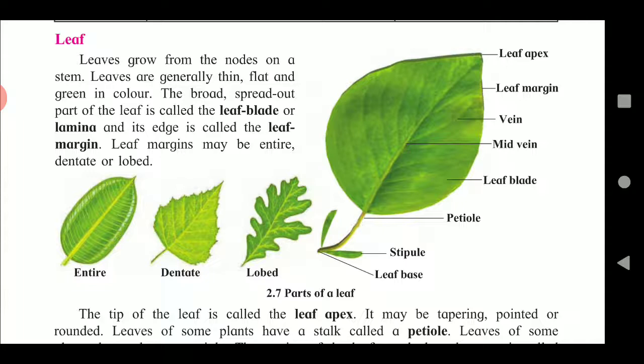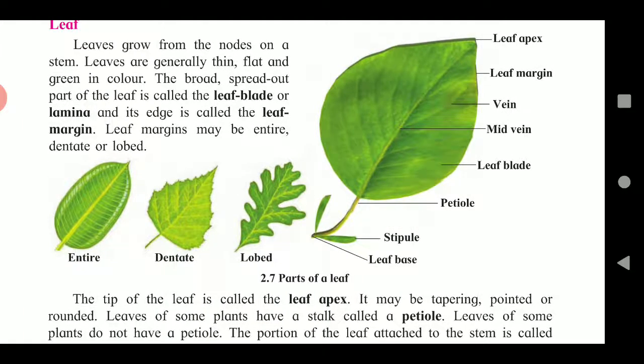Small leaf-like structures near the leaf base are called stipules. Some leaves have stipules. Some leaves do not have stipules.